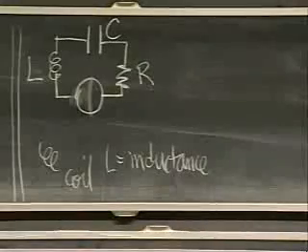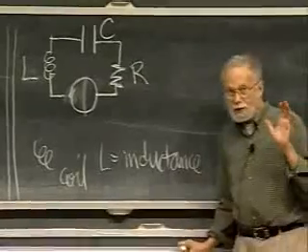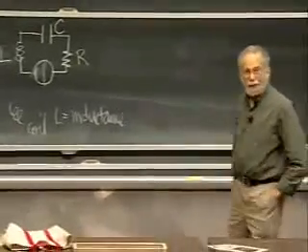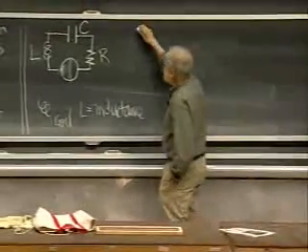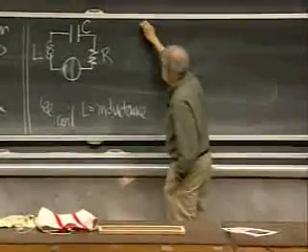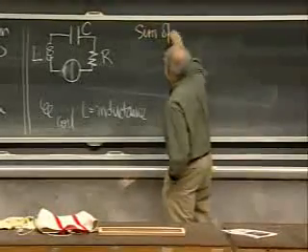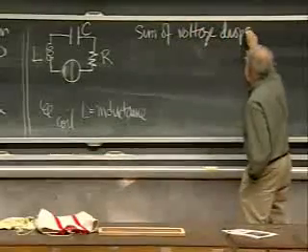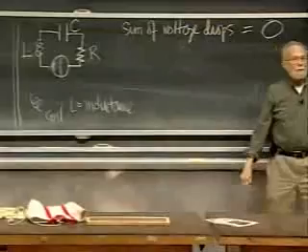And there are two differential equations which can be used in this, but they're essentially the same. One is simply the derivative of the other. Both differential equations come from Kirchhoff's voltage law, that the sum of the voltage drops as you move around the circuit has to be 0.